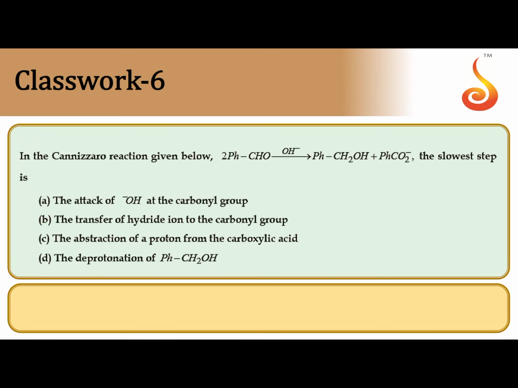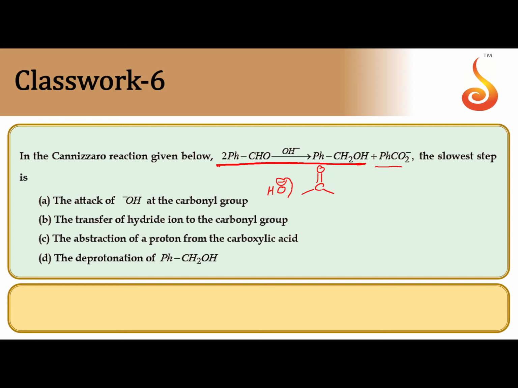In the Cannizzaro reaction given below, benzaldehyde in the presence of concentrated alkali gives benzyl alcohol and benzoate. What is the slowest step? I will explain the mechanism in brief.